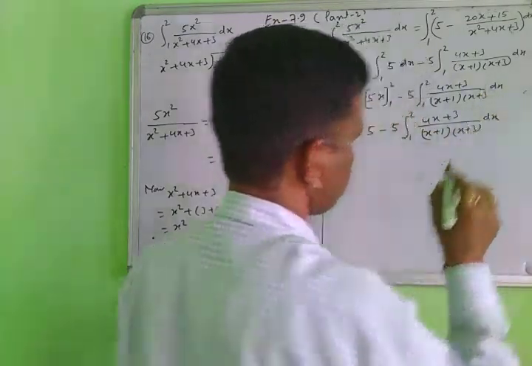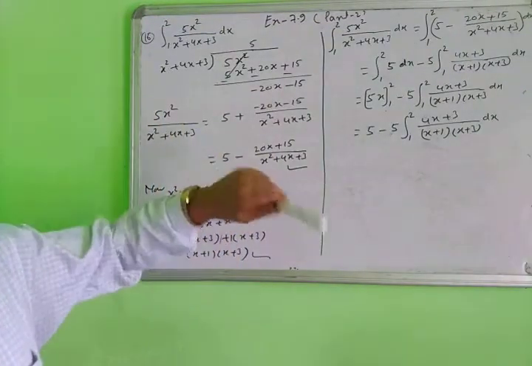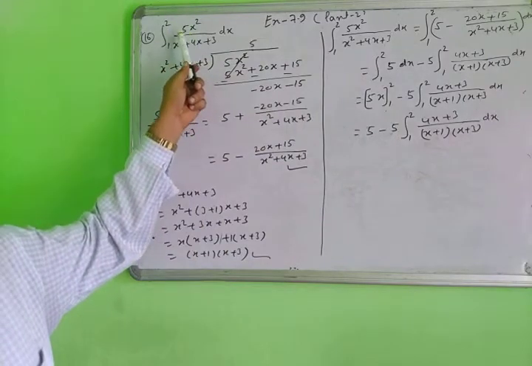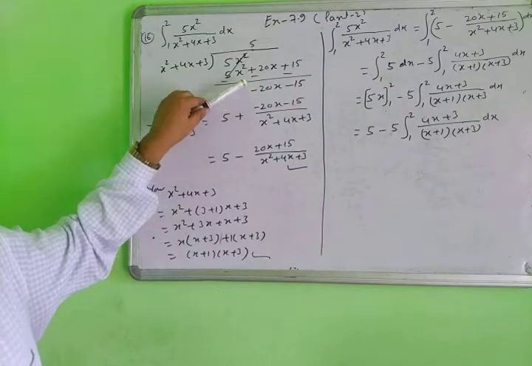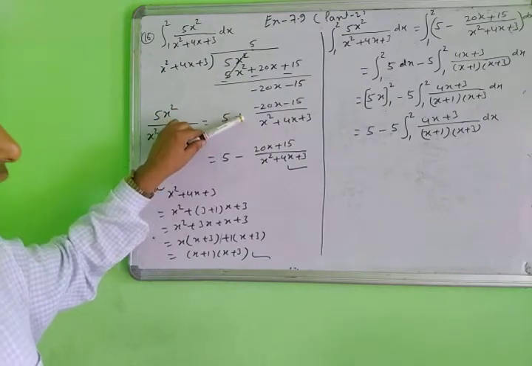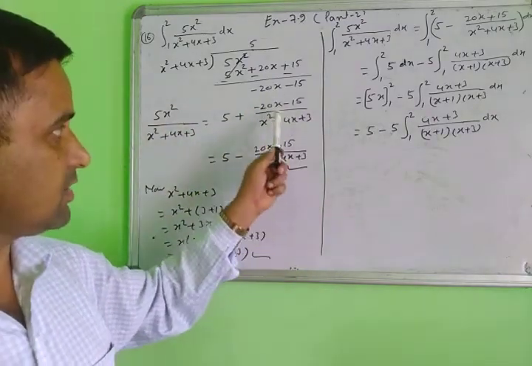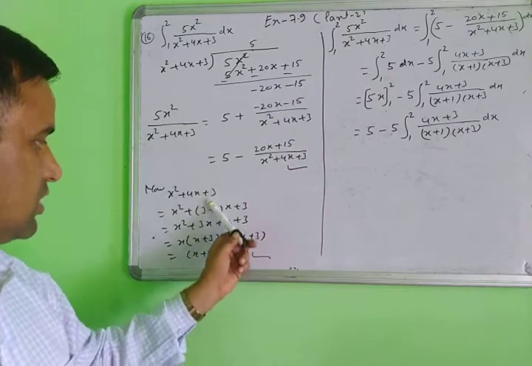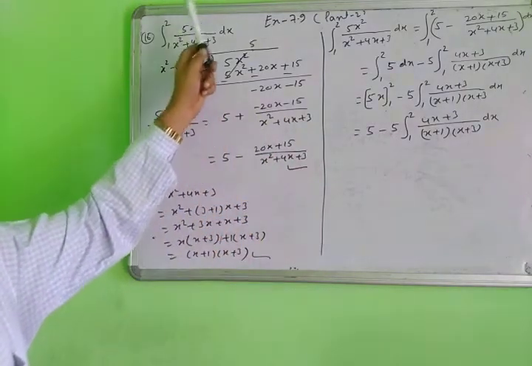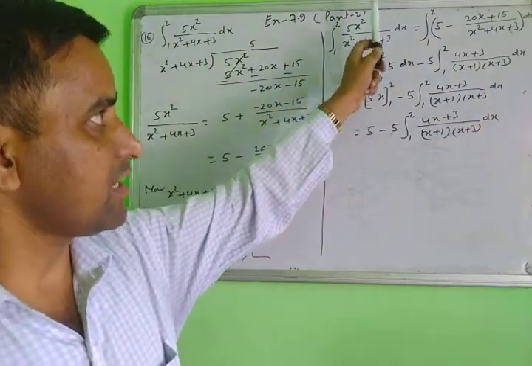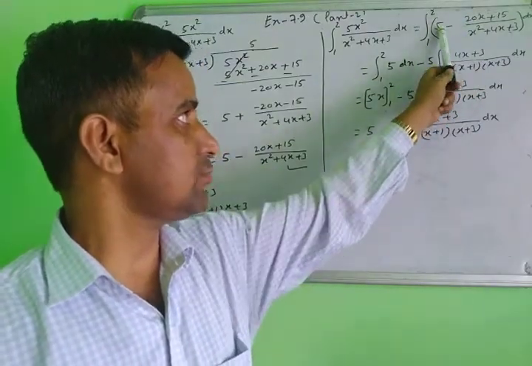This question is a very important question. Why is it important? Because the form given here is an improper form. First you divide by the long division method, then convert to the proper form. After that you find the factors of the denominator, so this is the factor of this denominator, then you write this question in proper form. Then you segregate this portion and this portion.